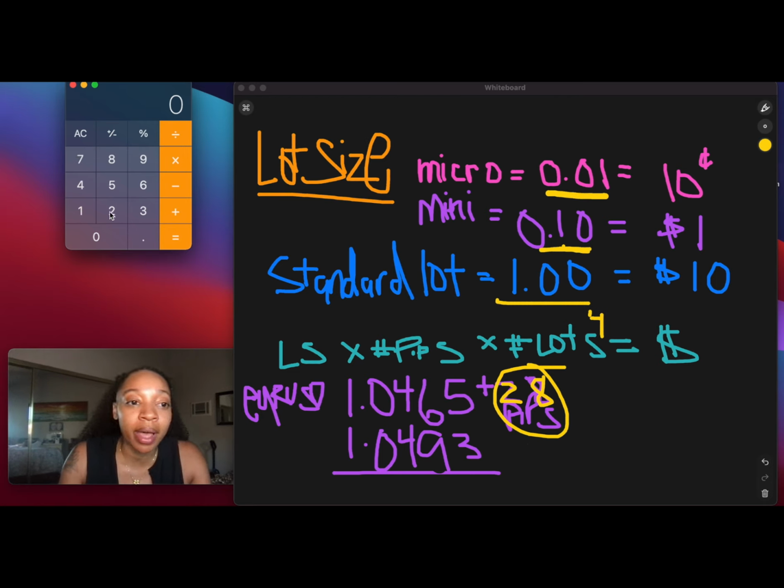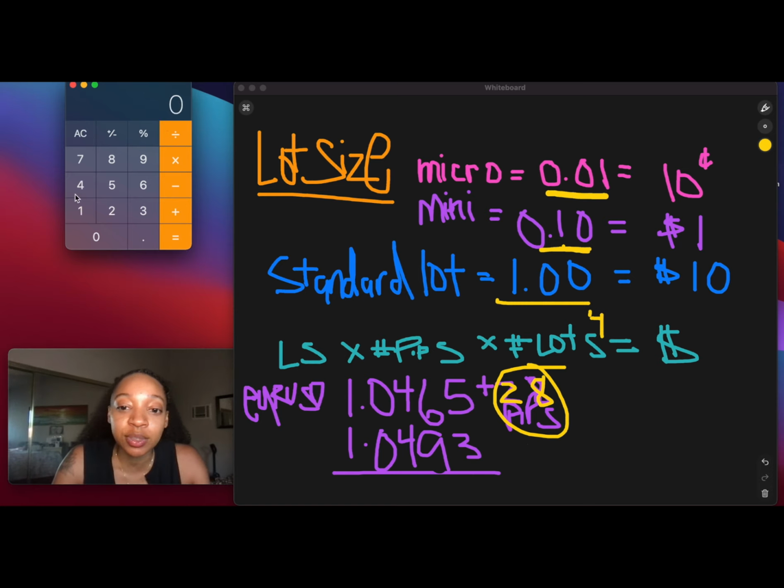We would have 10 cents times 28 pips times 4, because we have 4 lots. So that would be $11.20. Depending on how many lots you have, that can increase your profits or your losses.